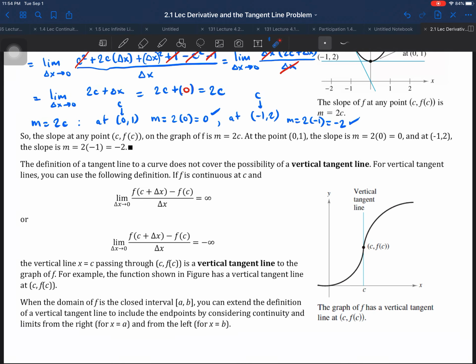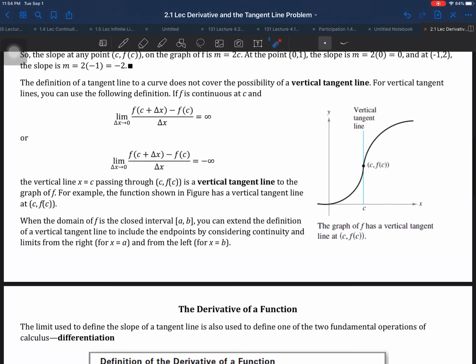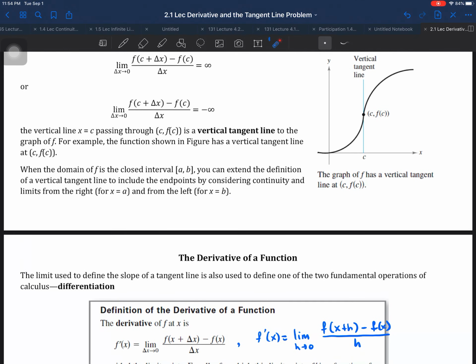So this point has a vertical tangent line, and what we said is that the tangent line has the same slope as the curve at that point. So if this tangent line has an undefined slope, that means that this curve at that point has a slope that is also undefined. And that's all we want to say from that. All right, so we talked about tangent lines, right?